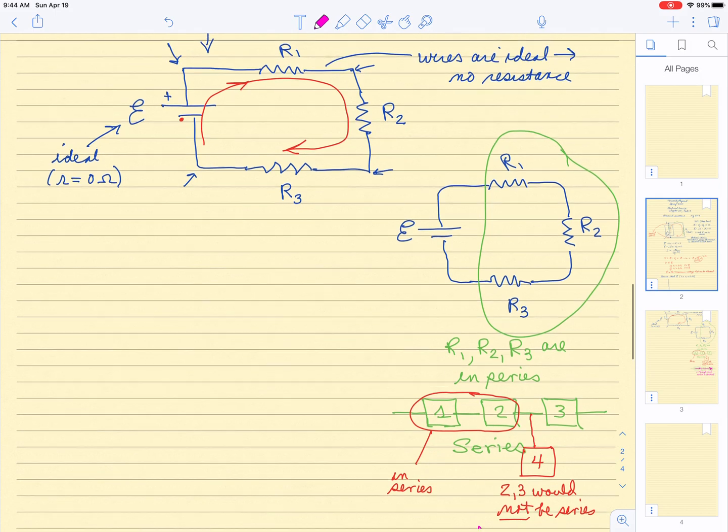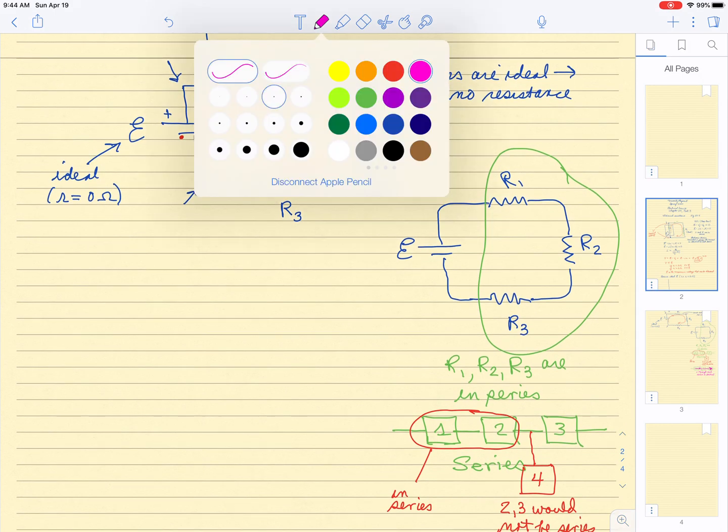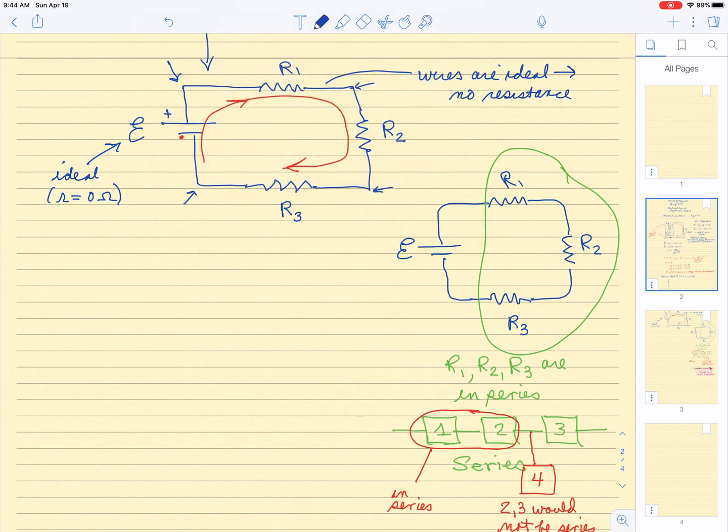Okay, so let's go back up then and look at our circuit here and use Kirchhoff's voltage law. Again, starting on the low potential side of the EMF. Then we look at the sum of voltage gains and voltage drops.